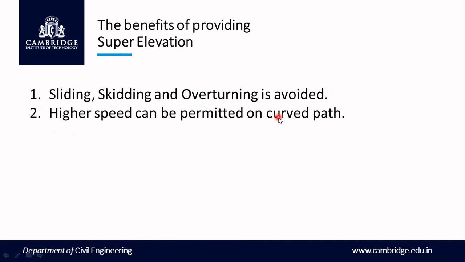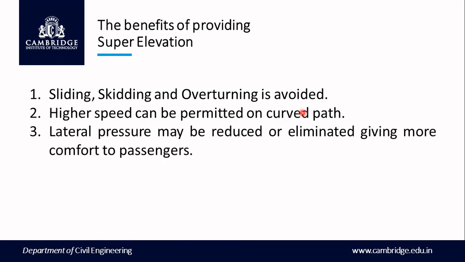And second, higher speed can be permitted on a curved path. So if you provide super elevation, to some extent you can permit a comparatively higher speed. Third, lateral pressure may be reduced or eliminated, giving more comfort to the passengers. So the feeling of getting thrown out while taking a curve can be reduced or eliminated.